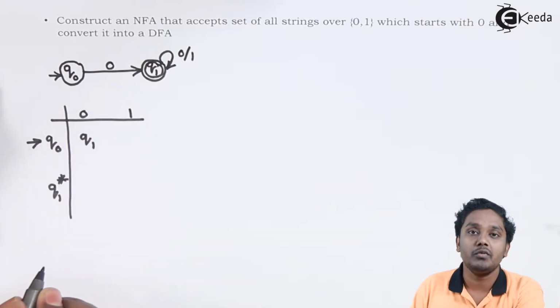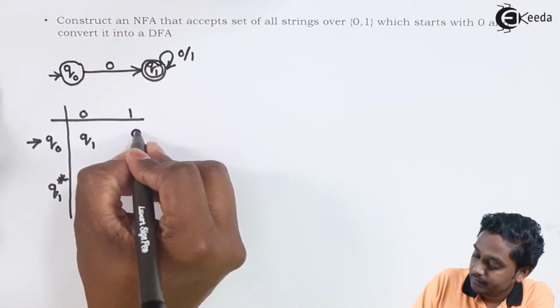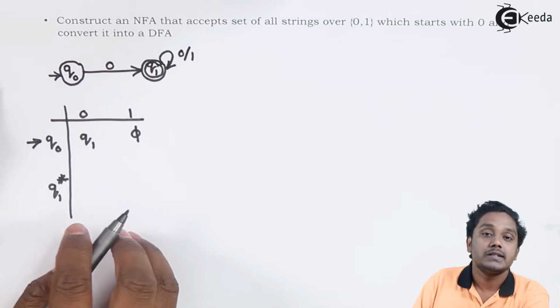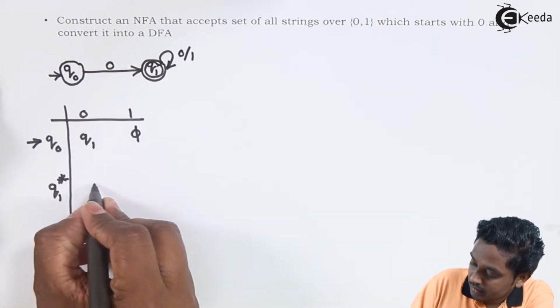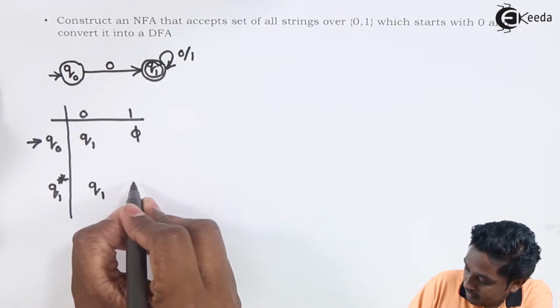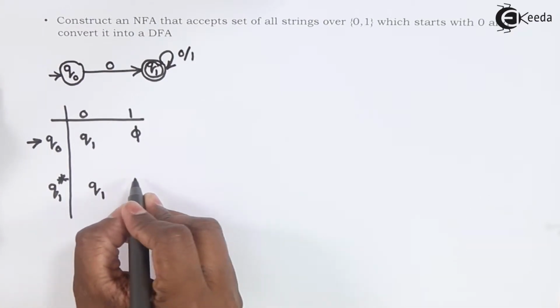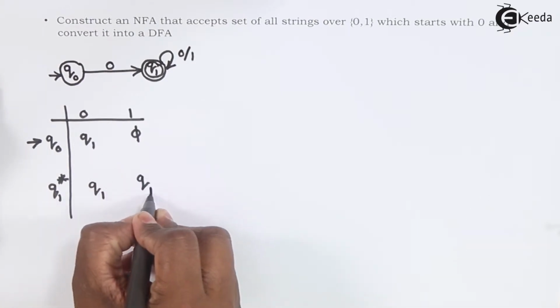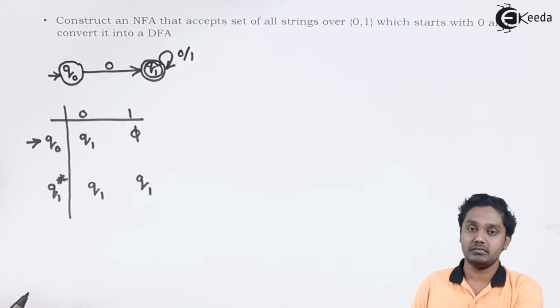There is no transition from Q0 on symbol 1, so we will fill a dead state. Similarly, on Q1 with a 0 input, it has a transition to Q1, as well as with 1 input, it has a transition to Q1. We have transformed the transition diagram to the transition state table.